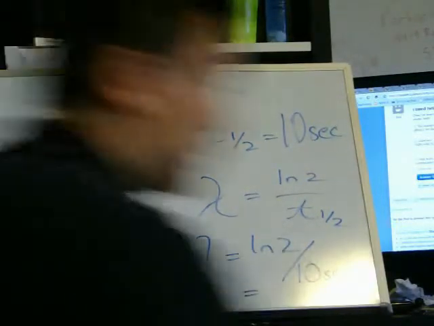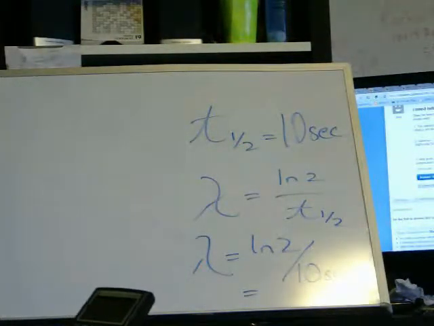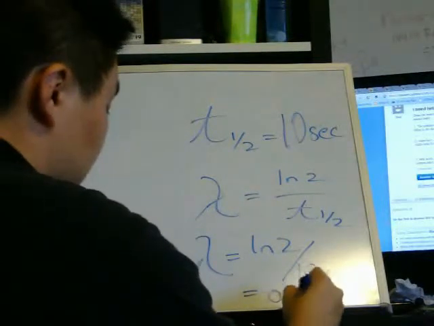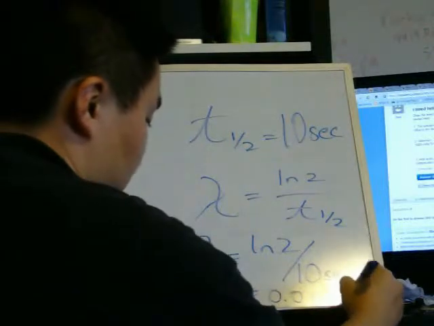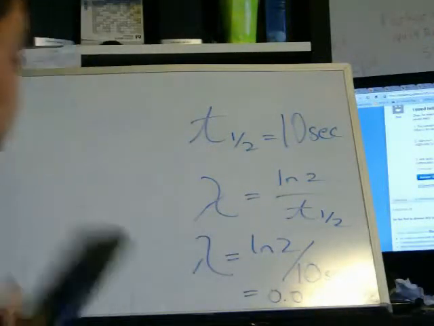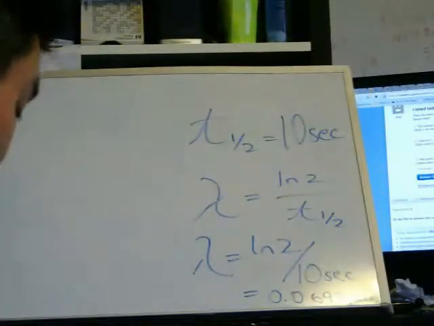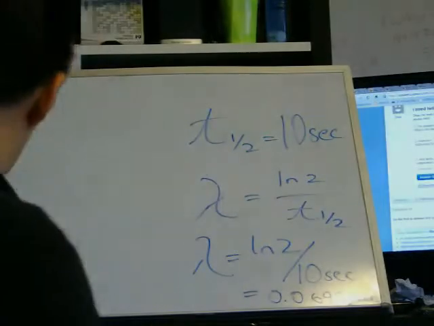So your answer is 2 divided by 10, 0.0693 per second. Okay, that answers your first question. Let's move on to the next one.